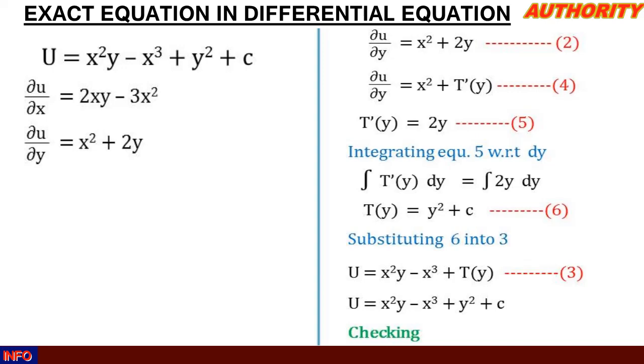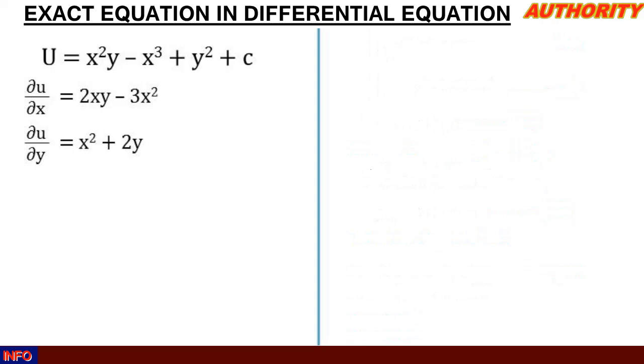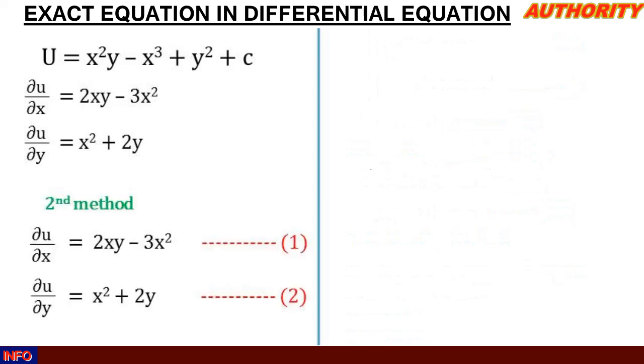Yes, we are correct. Now let's go. As I promised, we used equation 1 to get our function, which is u of x comma y, right? Good. I want us to go back again. Let's use equation 2 and see if we are going to get the same function. All right?